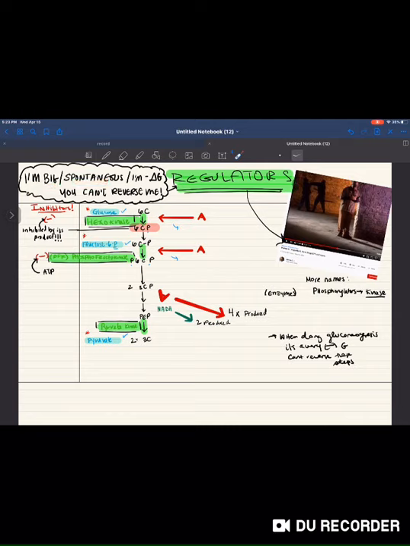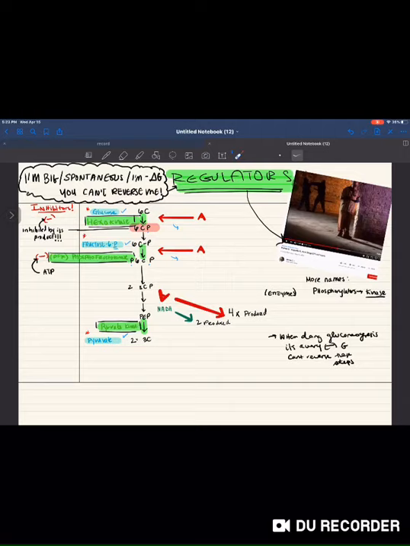It's also inhibited by ATP. Why does this make sense? Well, if you have an abundant amount of ATP, why would you want to move something forward when you already have what is needed prevalent? So we have a really great system where ATP, if it's in excess, is an inhibitor for this enzyme.